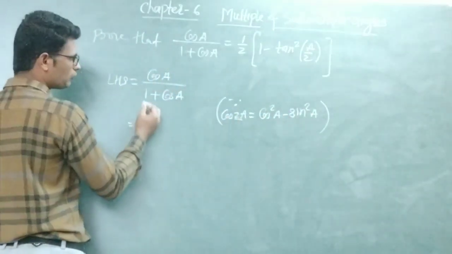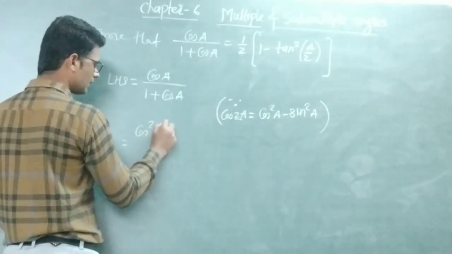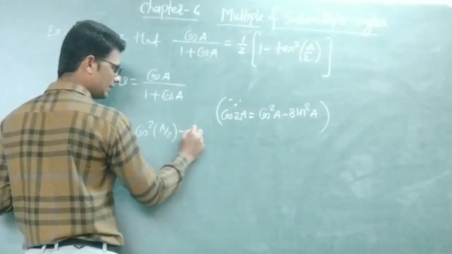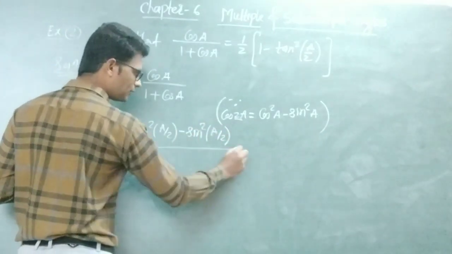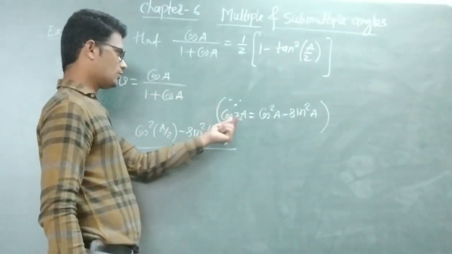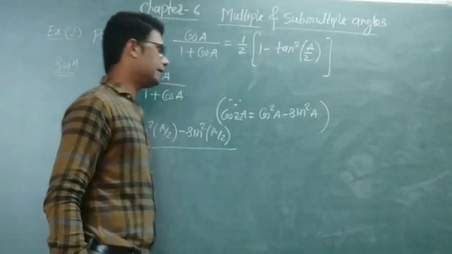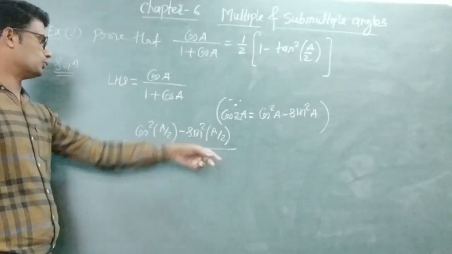So what will be the formula here for cos A? This will be cos square A by 2 minus sin square A by 2. Why this A by 2? Because we don't have 2A here, we have only A. So if you have 2A, then we write A, otherwise divide this by 2.